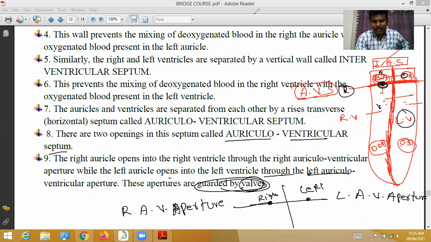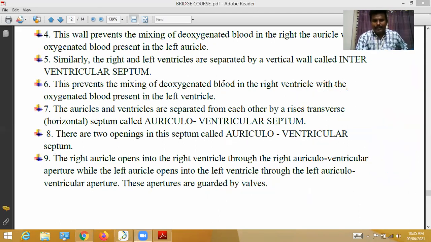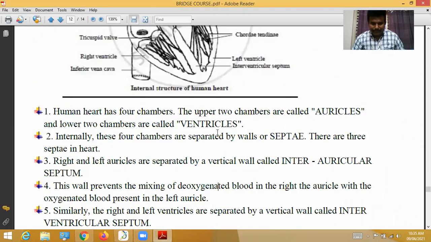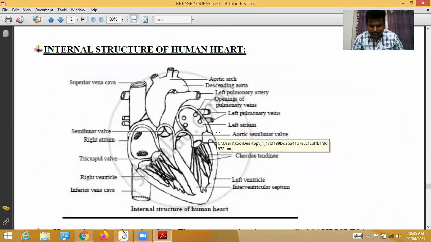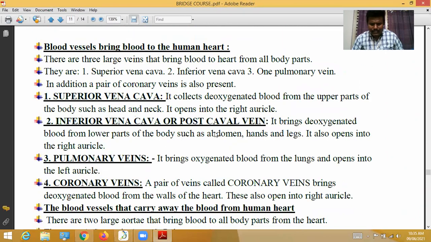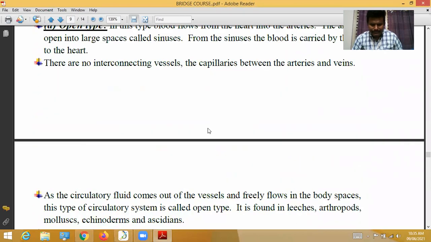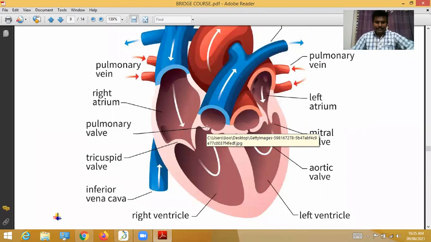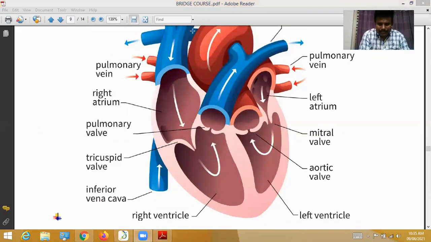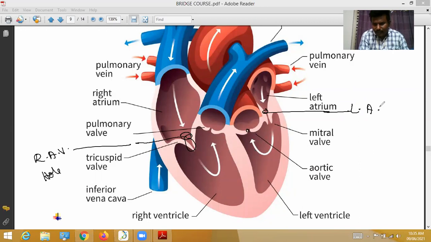I will show all this in the form of a printed diagram. Here I will show it very nicely. This is the hole, called the right auriculoventricular aperture, and this hole is called the left auriculoventricular aperture.